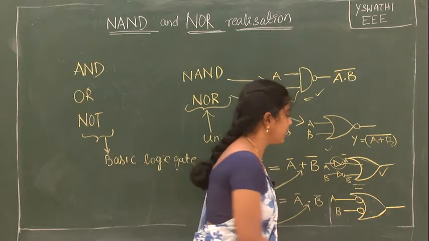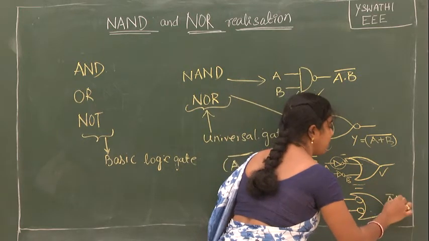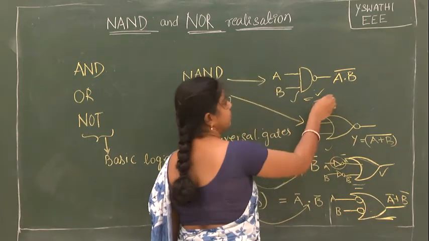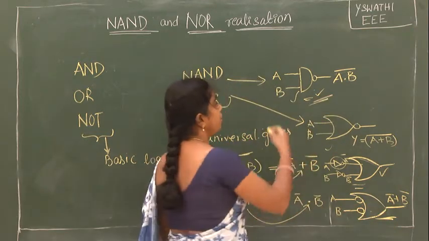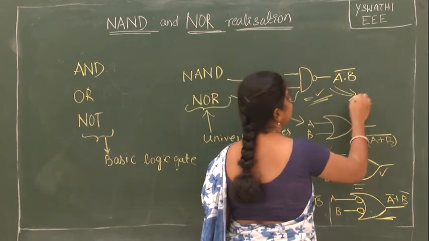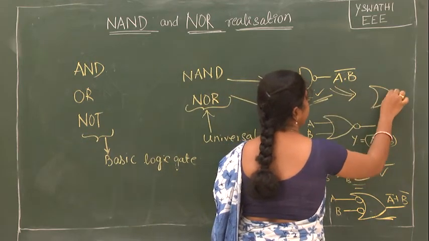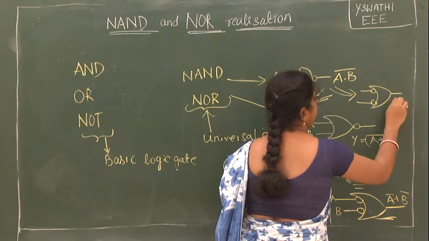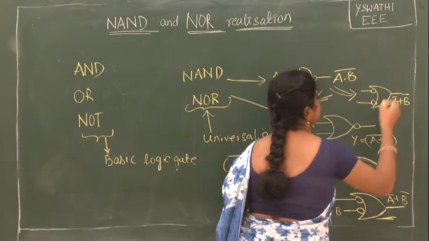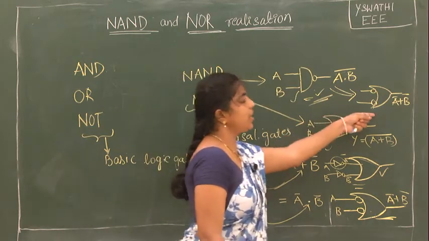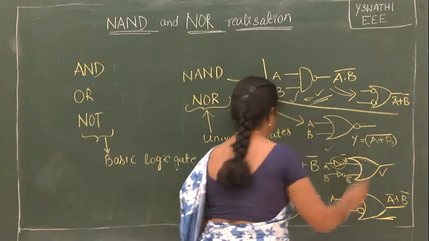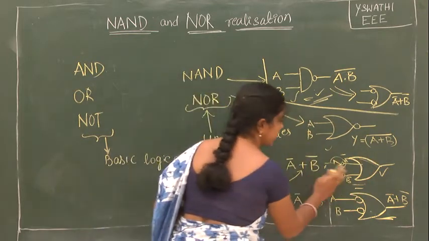Those are ORed together. So this is nothing but A bar plus B bar, which is equivalent to this one. Now wherever you find a bubbled OR gate, you can replace it with a NAND gate. This is the first conclusion. Now coming to the second one.